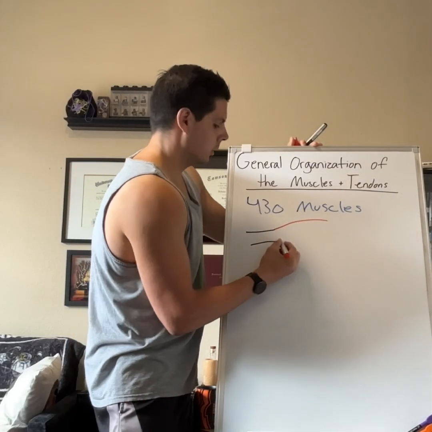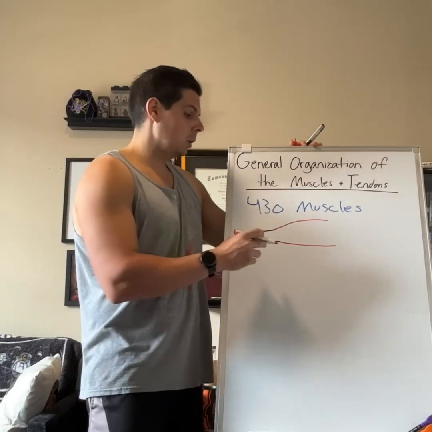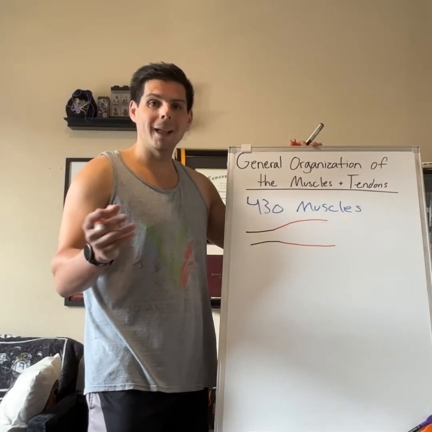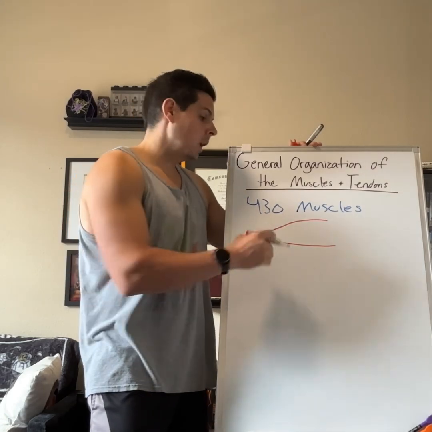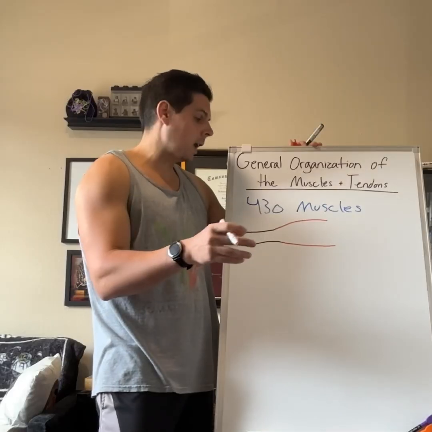With the red marker right here, this is going to symbolize muscle tissue. Now, when we're looking at a muscle as a whole like this, it is referred to as a muscle belly. The fancy clinical term for that is a muscle gaster. And this muscle belly can be anything: bicep muscle, pecs, quads, calves.